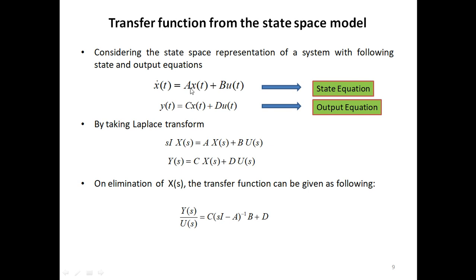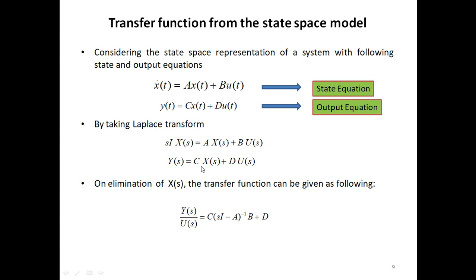The representation or meaning of the system matrix A, B control input matrix, C control matrix and D disturbance matrix. Taking the Laplace transform of these two equations, that is the state equation and output equation, the Laplace transform is represented by sX(s) equal to AX(s) plus BU(s).